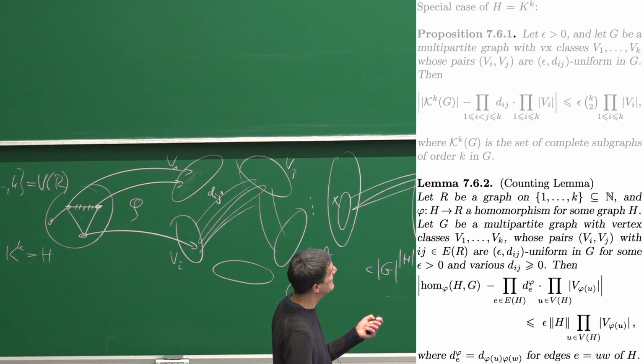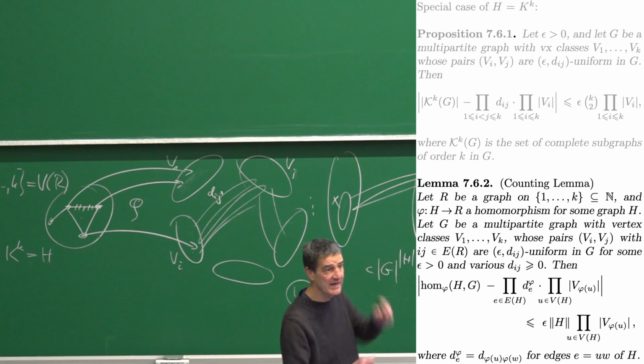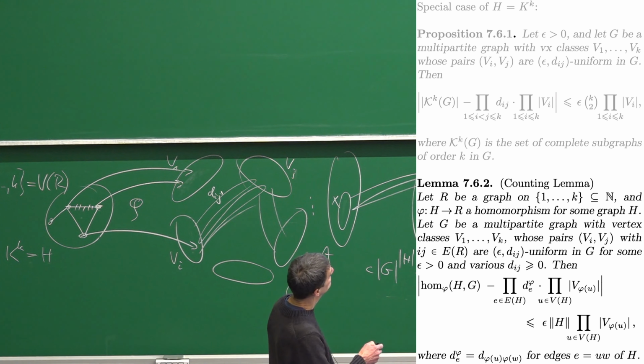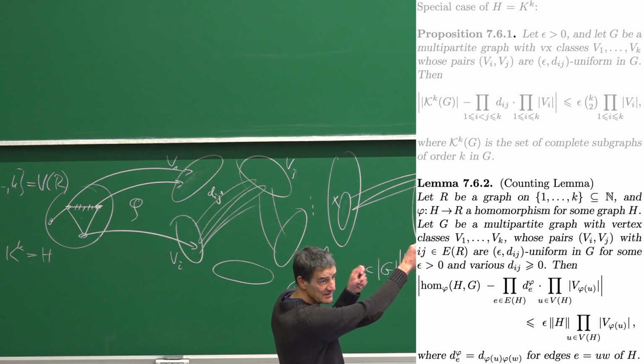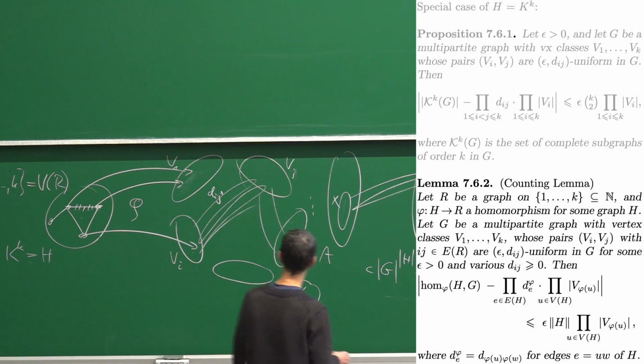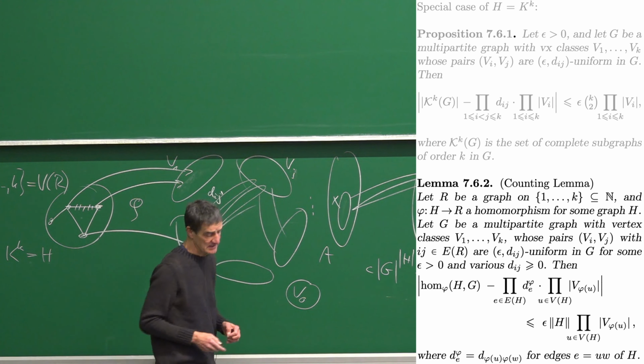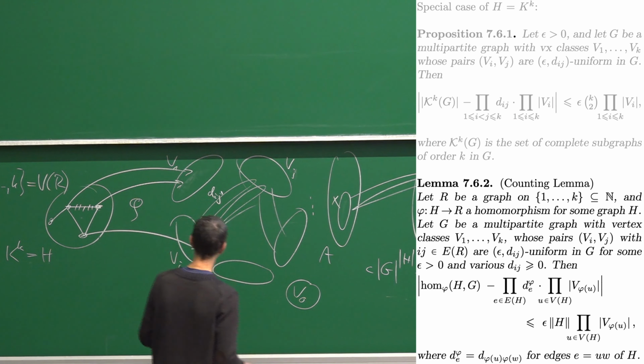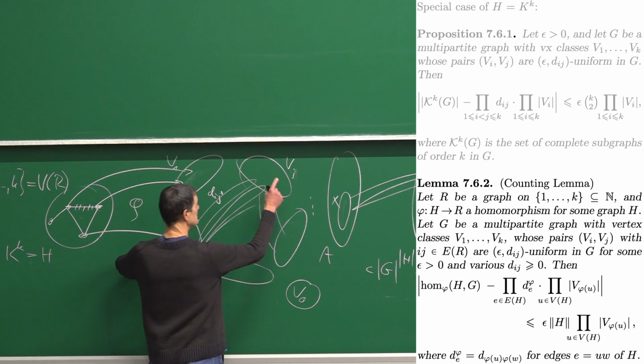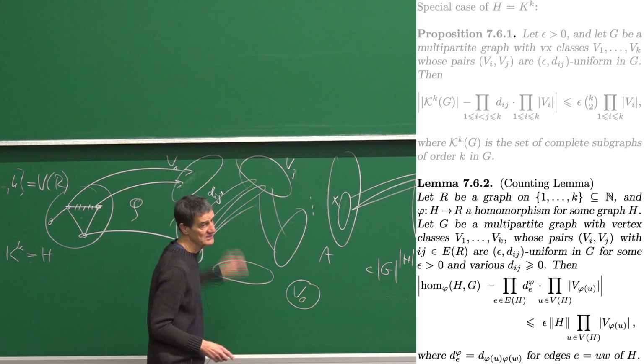The probability that this happens for a particular choice is the product over all the edges of H that the corresponding pair of images in these classes is an edge of G. If we view the edge densities as probabilities, then the probability that a fixed vertex here and a fixed vertex there form an edge will be Dij.